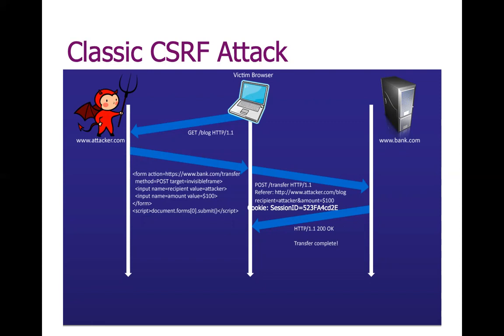It could even be a very small iframe that's not visually visible to the victim, and that iframe will end up just sending a request to the bank server together with the session ID and the cookies that are currently active, right? And the bank simply fulfills the request saying, okay, done. So now the actual money transfer to the attacker happened within the bank server from the victim's bank account. So that's a classic cross-site request forgery attack.